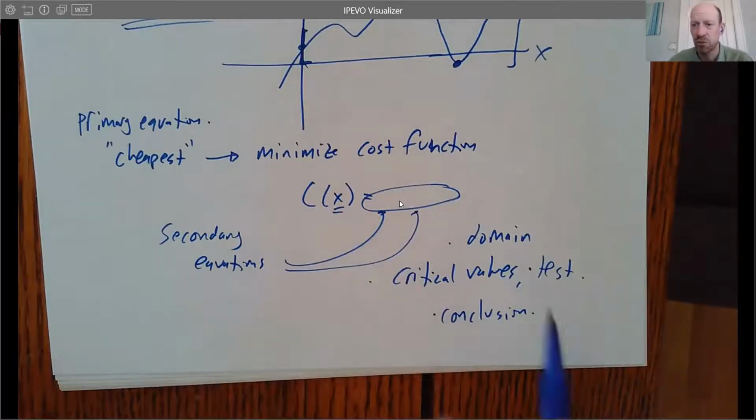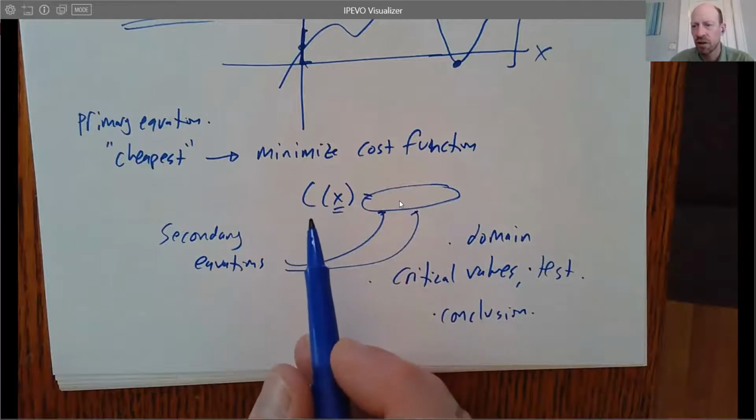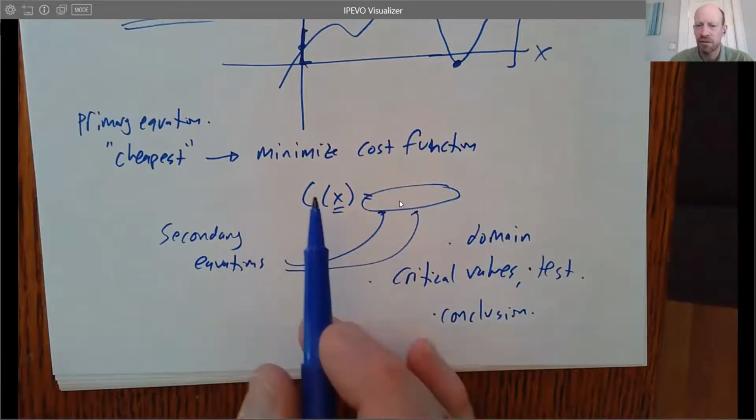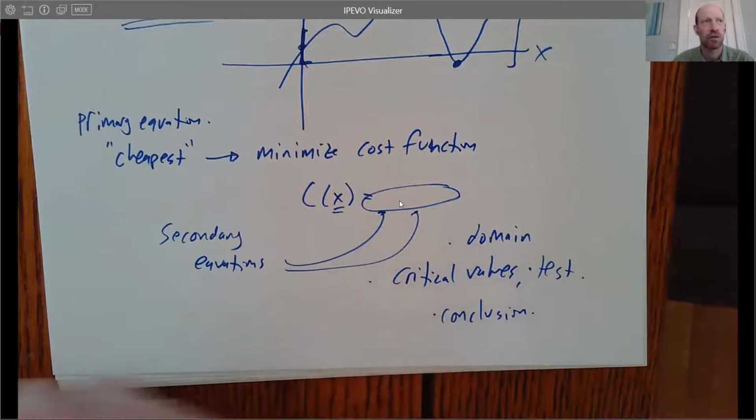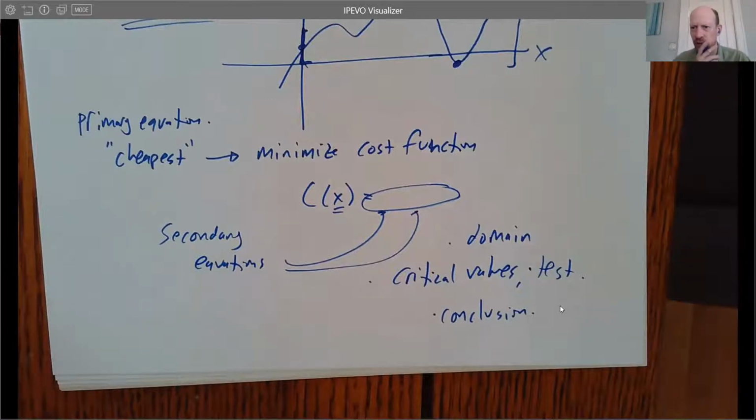So the question will tell you what your function is, and your job then is to come up with that as a single variable so that you can solve it. Okay. So again, just kind of a general big picture of what you wanted to do with those problems.